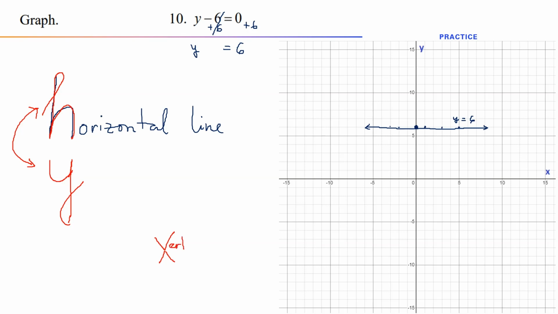X for the vertical, Y. Flip or rotate it. That's the hint.